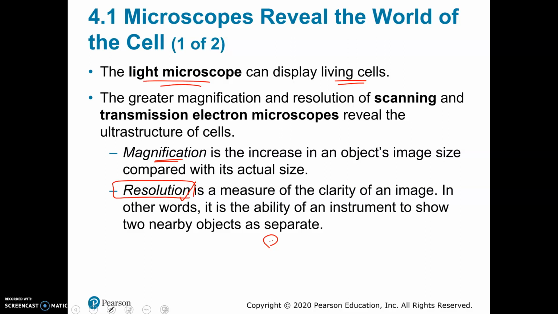So way, way more. And that's allowed us to learn about cell parts that we wouldn't have known about before the development of those two microscopes. Now, the two different electron microscopes, really quick, the difference between them. The scanning electron microscope gives us a 3D image of the surface of objects. The transmission electron microscope lets us see the inside of a cell in more detail.